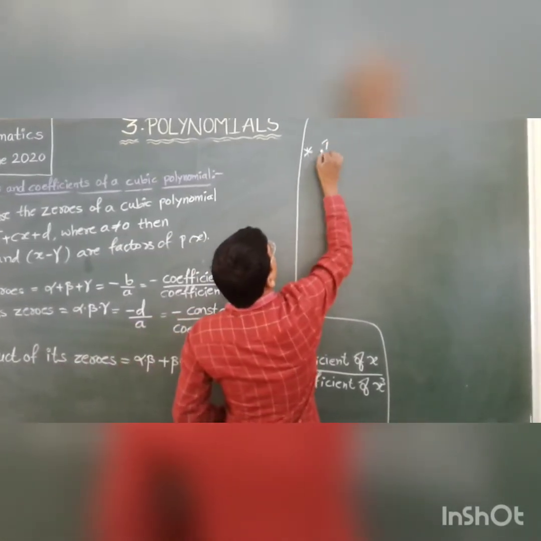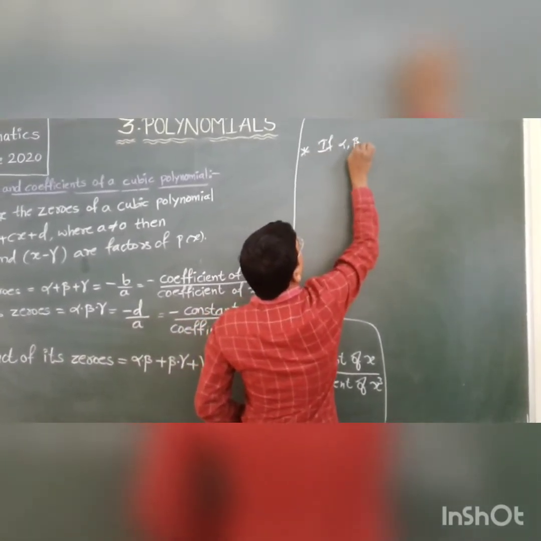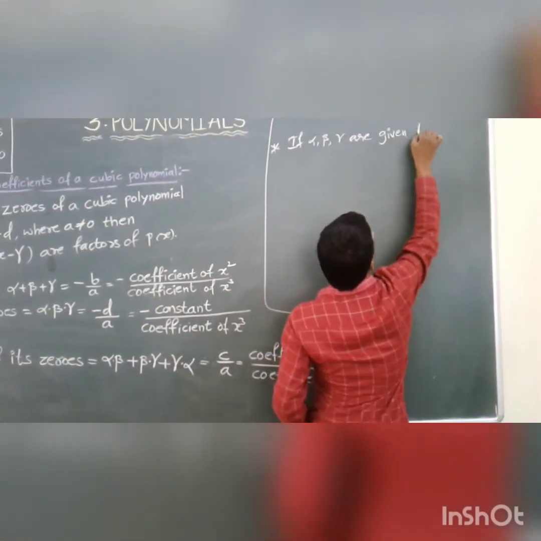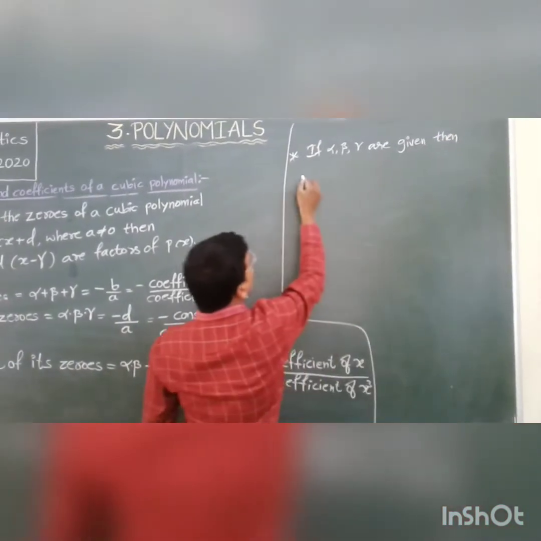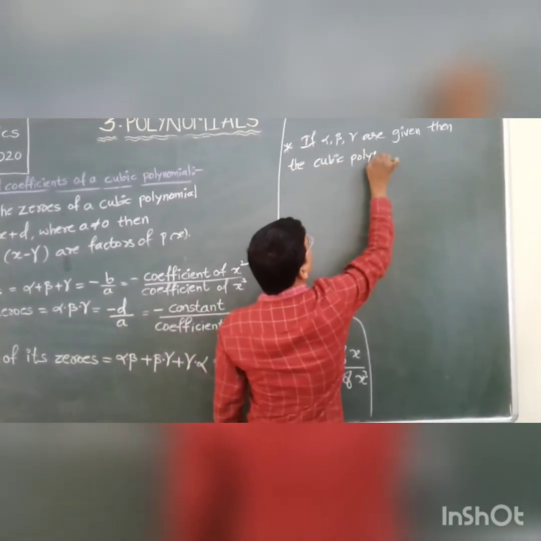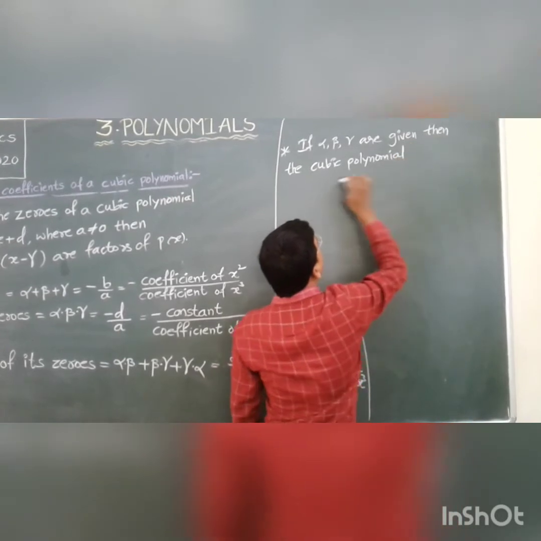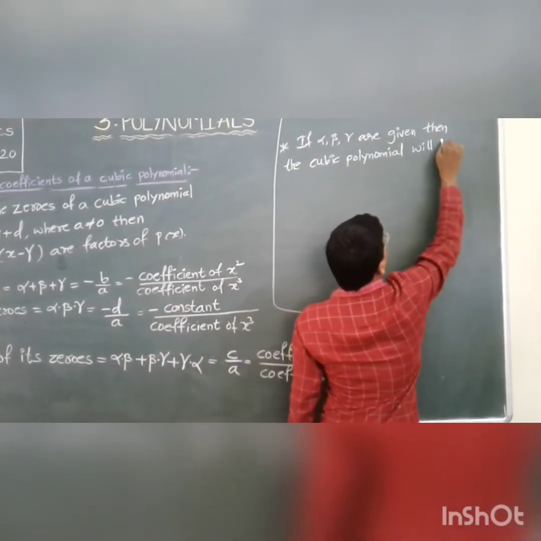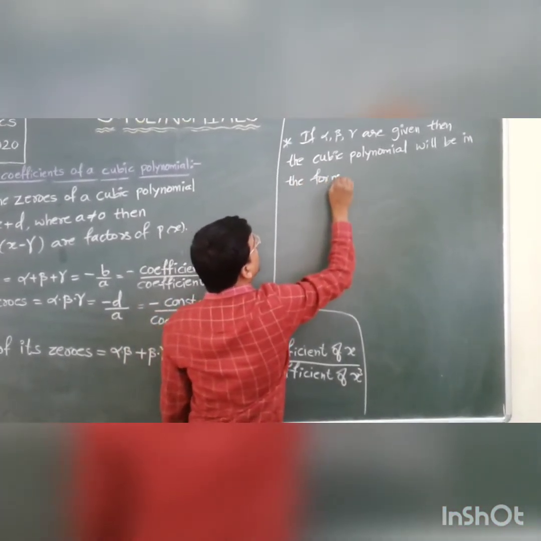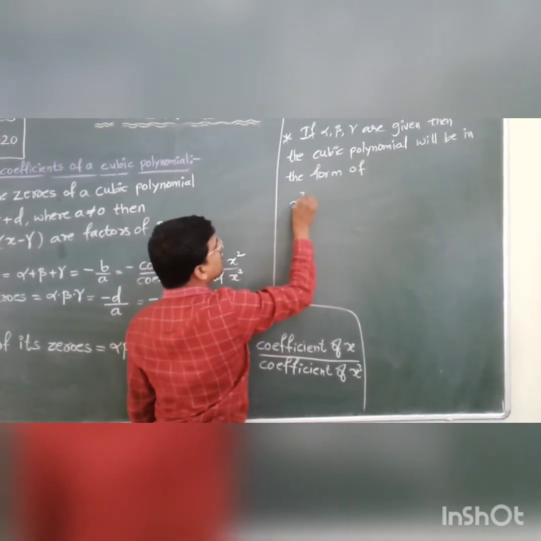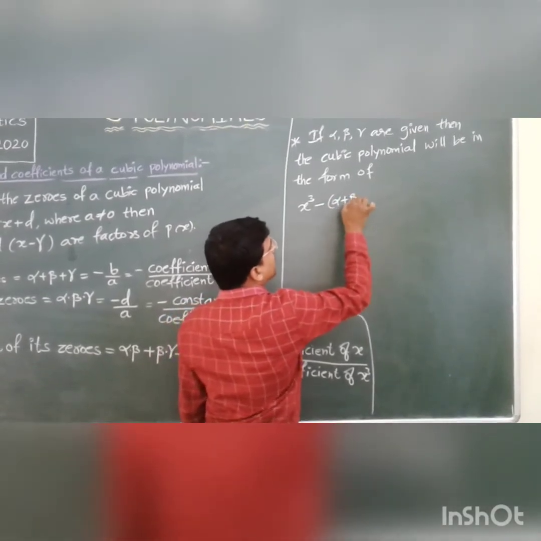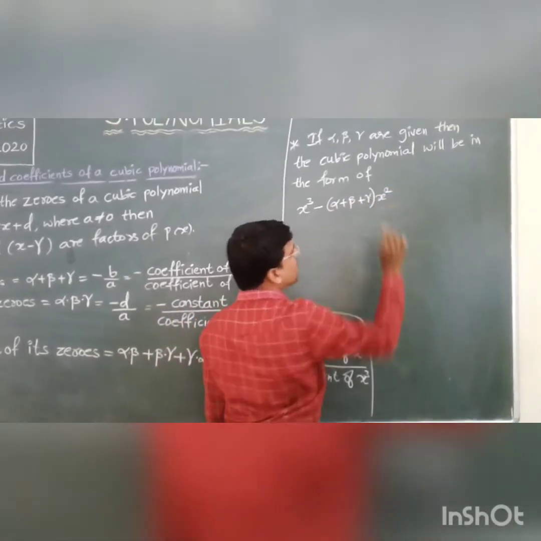If alpha, beta, gamma are given, then the cubic polynomial will be in the form of x cube minus alpha plus beta plus gamma into x square.